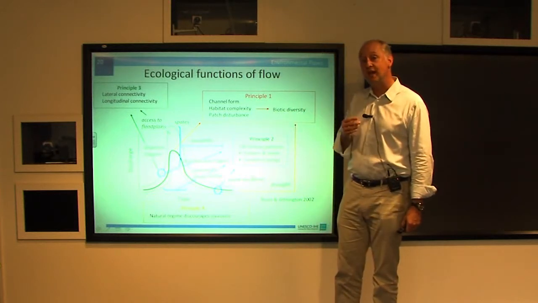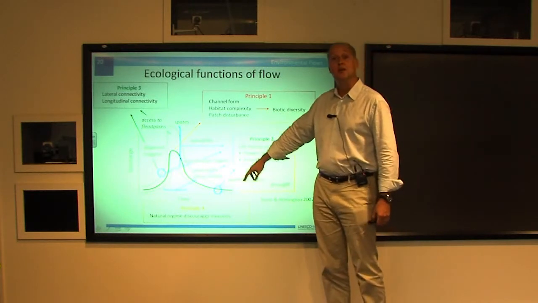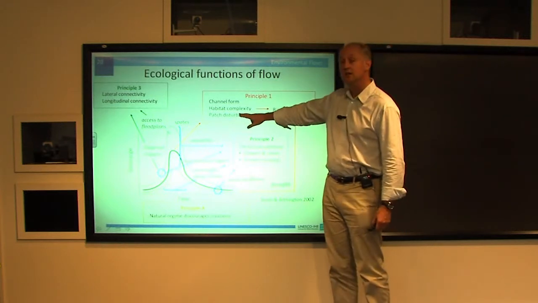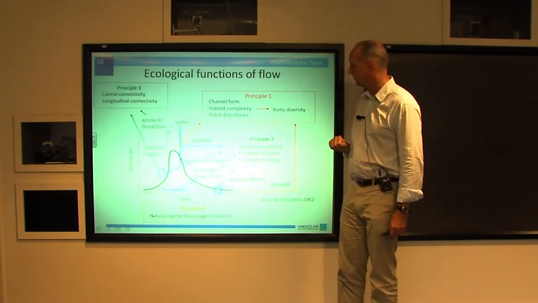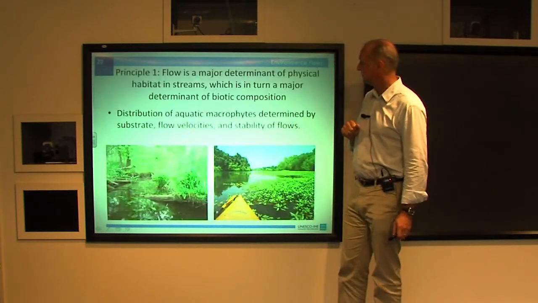And when flow regimes are changed, that opens up the opportunity for exotic species that are not adapted to this level of variability or the particular disturbance regimes that occur there. It opens up opportunities for them to invade.